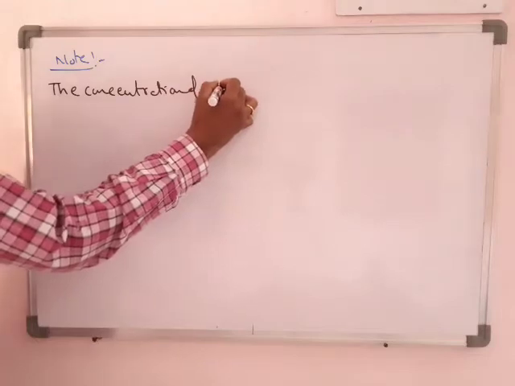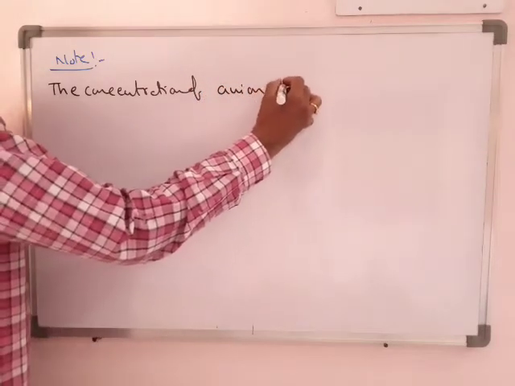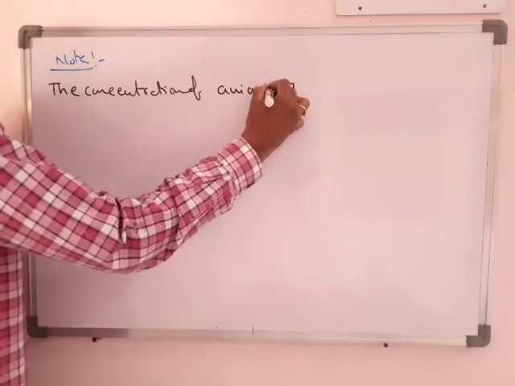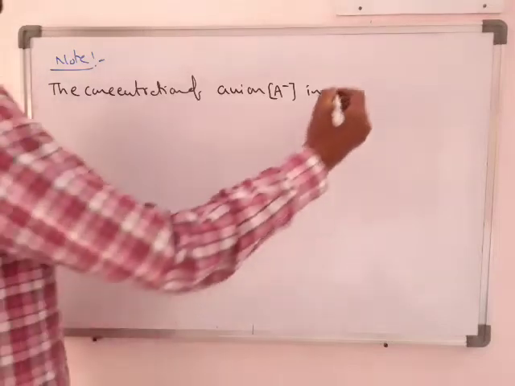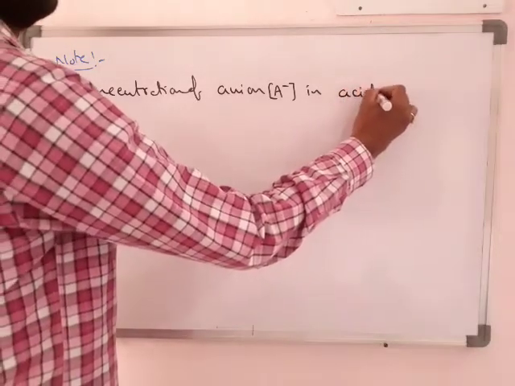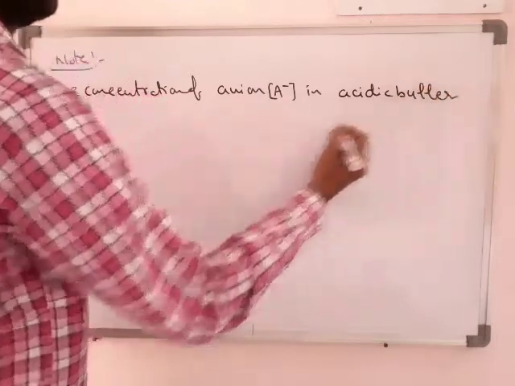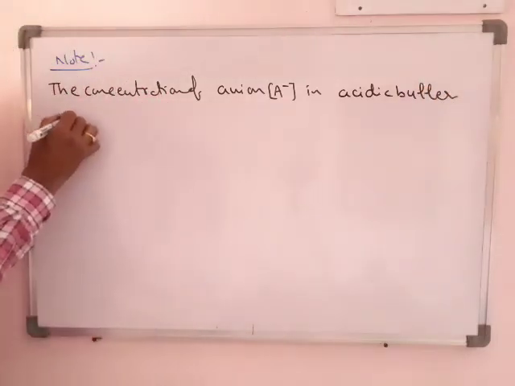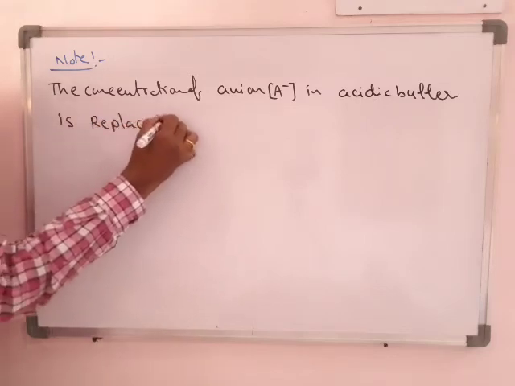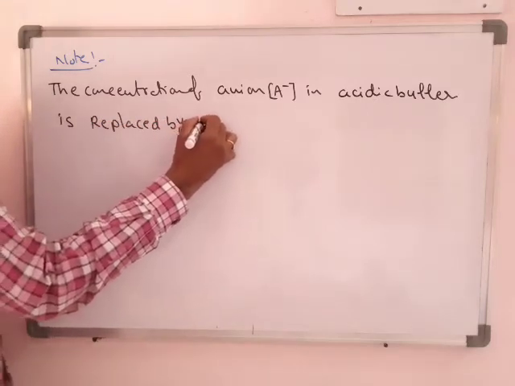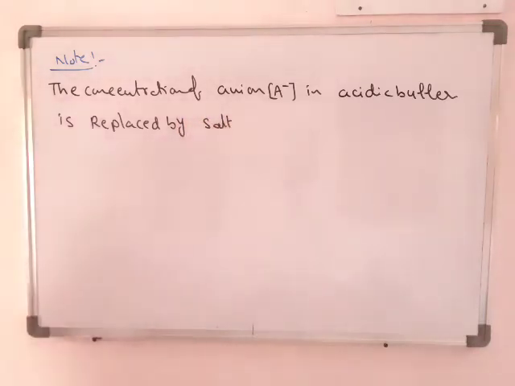The concentration of anion, that is A minus, in acidic buffers is replaced by salt concentration.